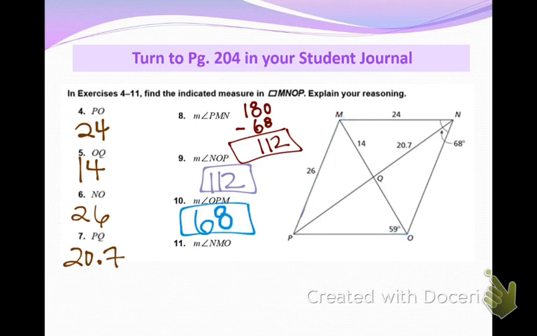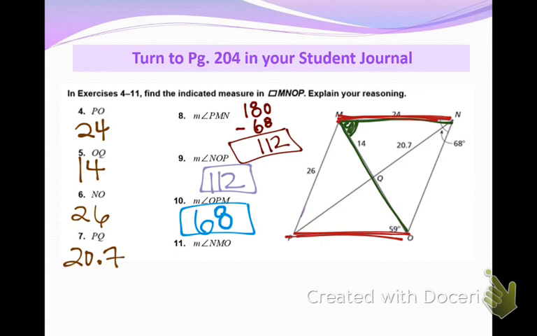And then the last is the hardest, I would say. NMO, which is this angle right here. So, parallelogram is made up of what kind of lines? Parallel lines. Yeah, they're congruent, but parallel. So if this line is parallel to this one, there is something we learned in this book, chapter 3. If you have two parallel lines and a line that cuts through it, starts with a T, what is that called?